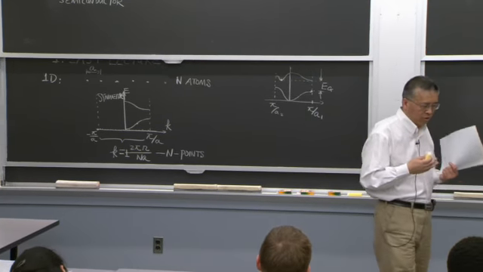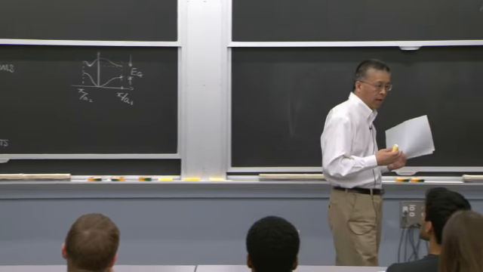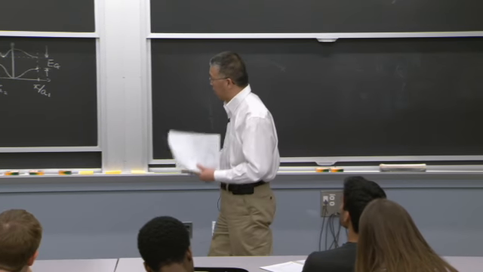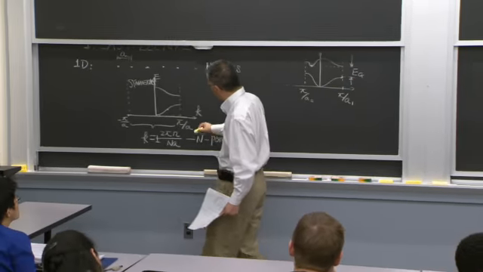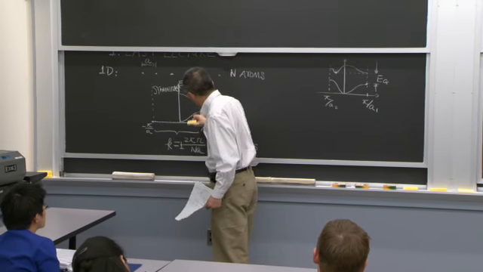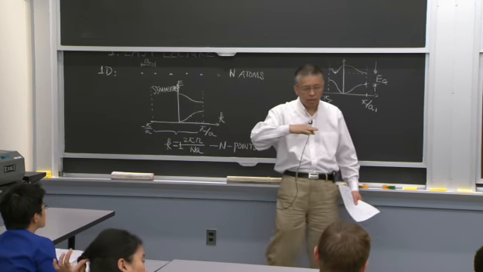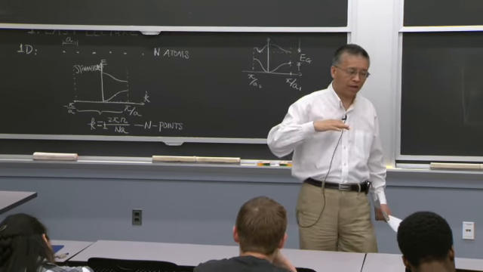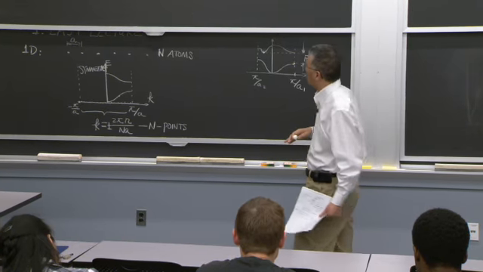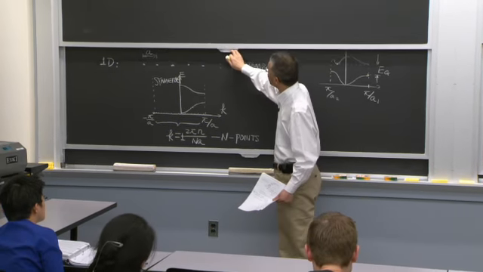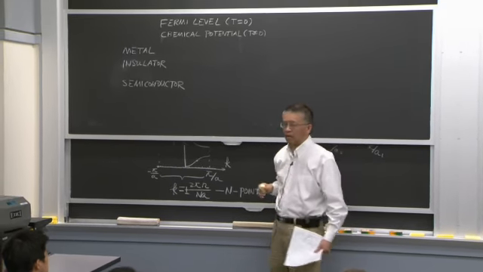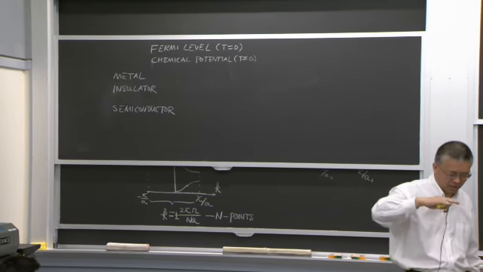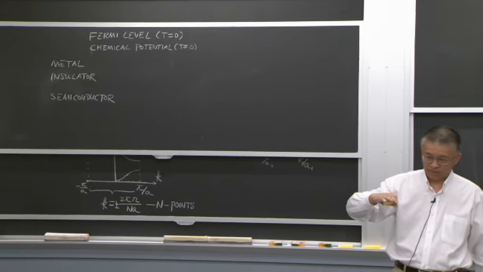In that case, those are the metals, where at non-zero temperature, if there's very little energy, you can move around. Those electrons near the top, the uppermost energy level that is filled with electrons, this is called the Fermi level. At absolute zero, the uppermost energy level where electrons are is the Fermi level.